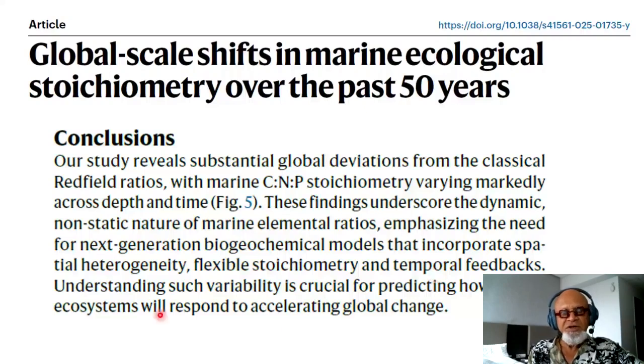Sometimes models make that a prognostic variable, but that's not easy, because you are either carrying nitrogen as a currency or carbon, and then when you carry nitrogen, you are using stoichiometry to produce carbon numbers on primary production, export, and so on. Understanding such variability is crucial for predicting how marine ecosystems will respond to accelerating global change.